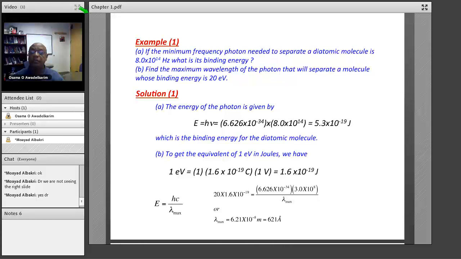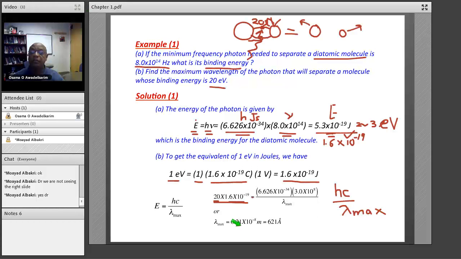So we want lambda max, which is the maximum lambda. From this equation here, we get lambda max equal to 6.21 times 10 to minus 8 meters. Look, this is written as 621 angstrom.